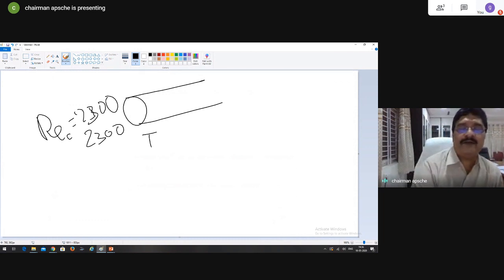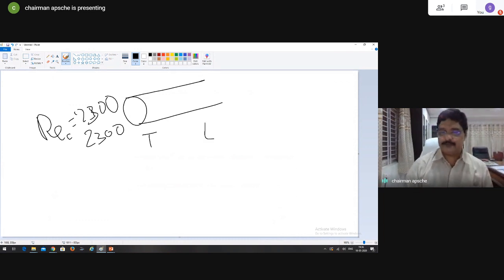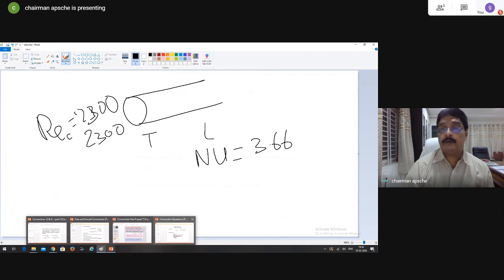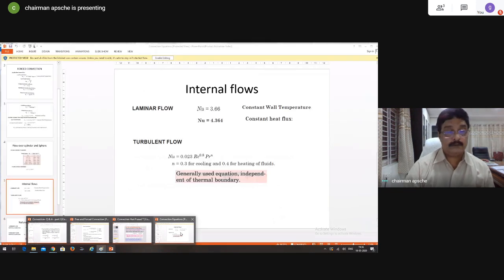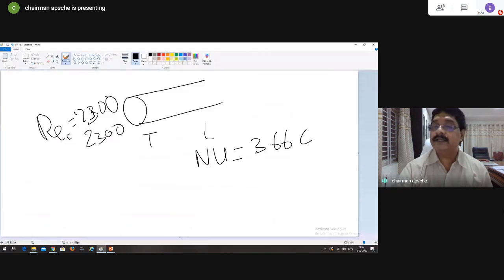So again here you have turbulent and laminar flows. When the flow through the pipe is laminar, you have two Nusselt number equations. Nusselt number is equal to 3.66 for constant wall temperature.